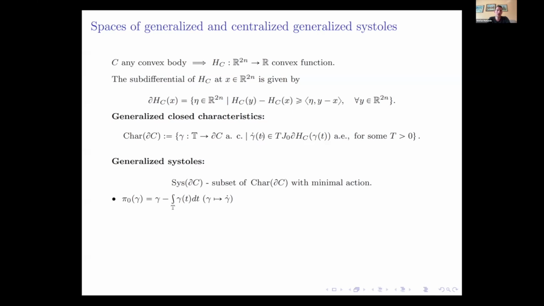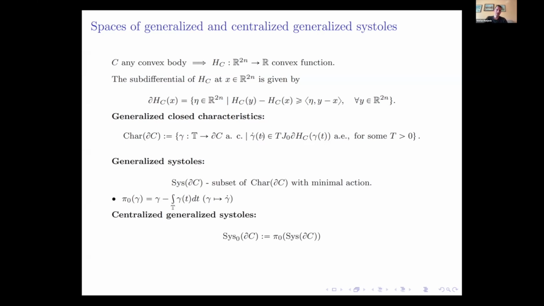So we just take the L2 orthogonal projection onto the curves with zero mean, and we consider the space of centralized systoles, so just take the projection of the space of systoles with this map. One can also see it as a space of derivatives of systoles if one wants.